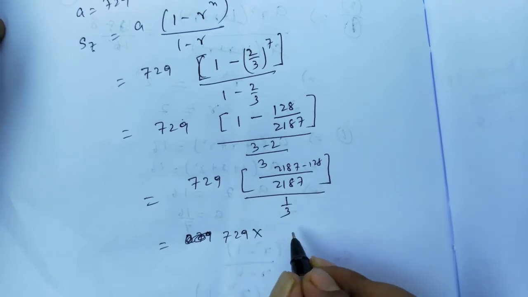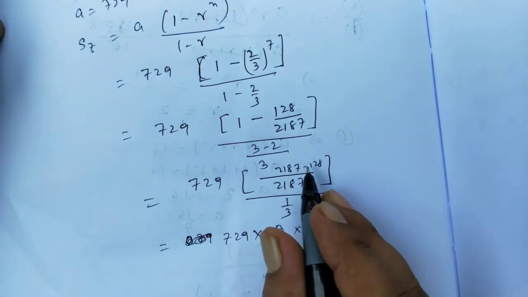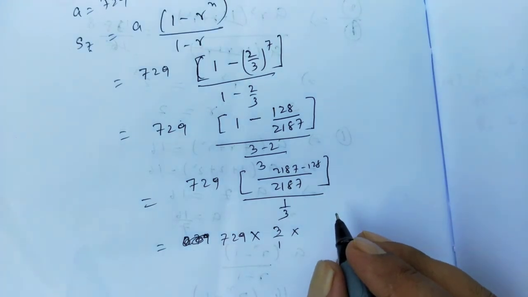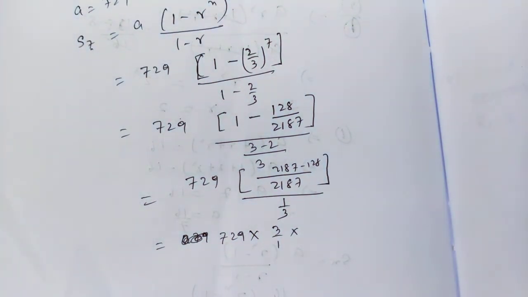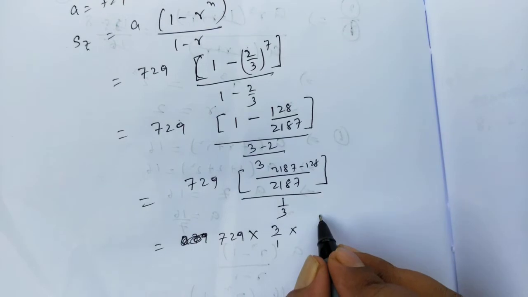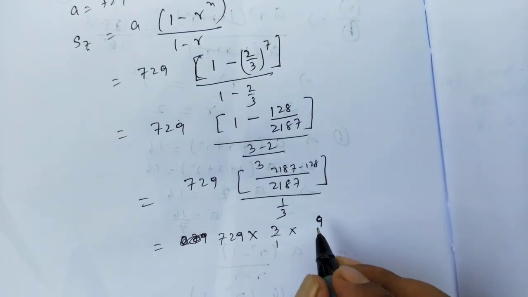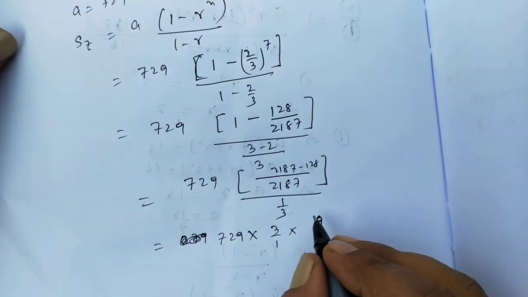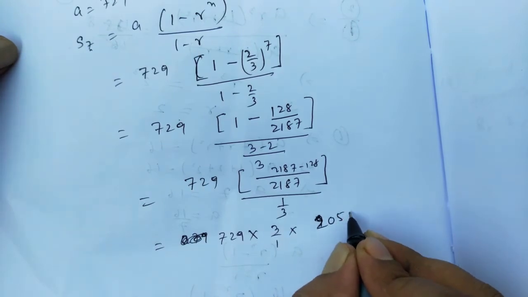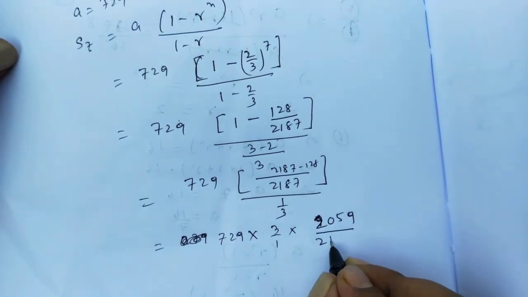If you make it into, this will be 3 by 1 into, you subtract this. You get 2059 by 2187.